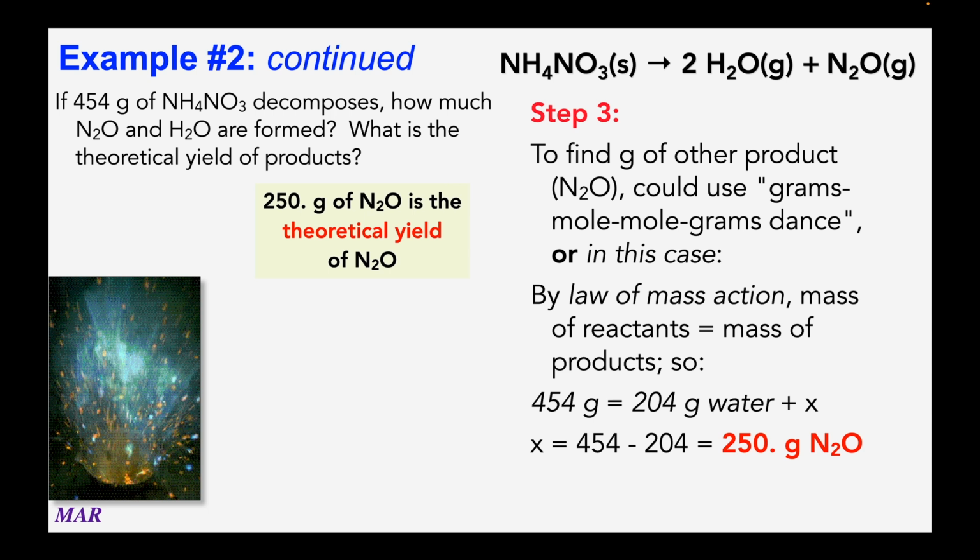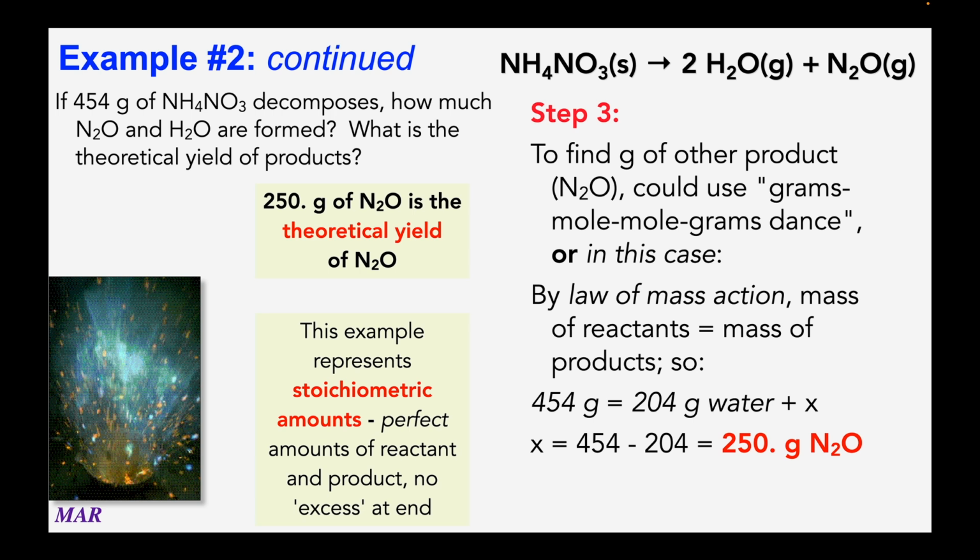Now, honestly, I would usually go grams, moles, grams for N2O, and I encourage you to check that out. However, this is an easier way, as you can tell, if it works, and we'll talk about that more later. So while 204 grams was the theoretical yield of water, 250 grams is the theoretical yield of N2O. We should be able to make that much N2O using 454 grams of ammonium nitrate.